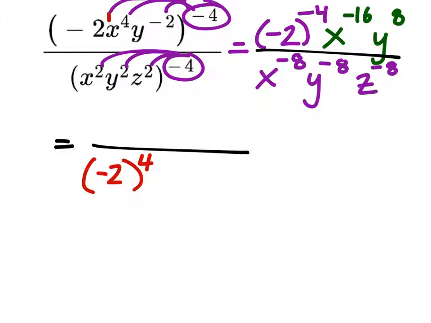Looking at the x's on this, in the numerator I got x to the power of negative 16. Then I would subtract the exponent of x in the denominator, so minus negative 8. And this is where we run into trouble, because we subtracted a negative. So some people just want to make it minus 8. Well, we got to remember it's minus negative 8 on that.